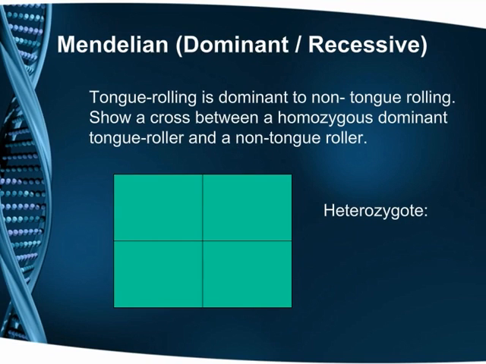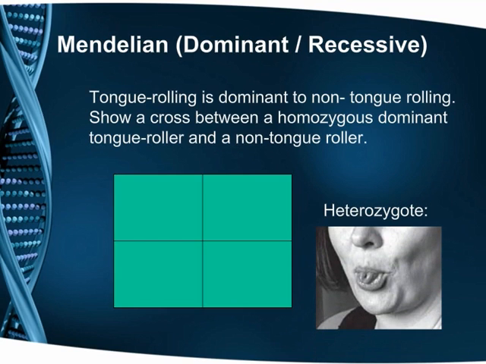For the first type of inheritance, Mendelian, which is also simple dominant recessive inheritance, let's look at a sample problem. We have tongue rolling being dominant to non-tongue rolling. So we're going to show a cross between a homozygous dominant tongue roller and a non-tongue roller.